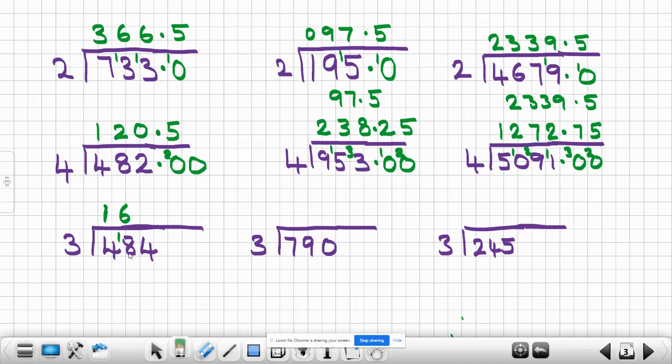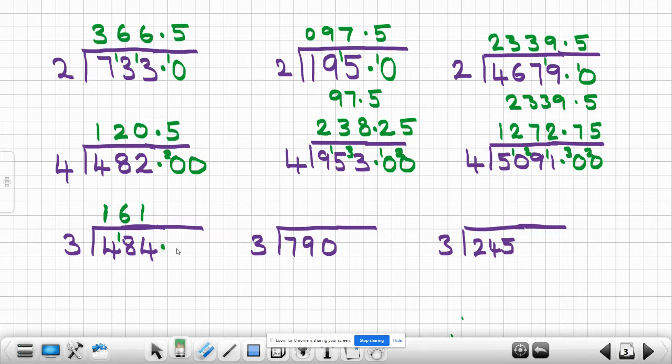There are no remainders here because 3 times 6 is 18. So we just move on and we say, how many 3's in 4? There is 1. And we have a remainder of 1.